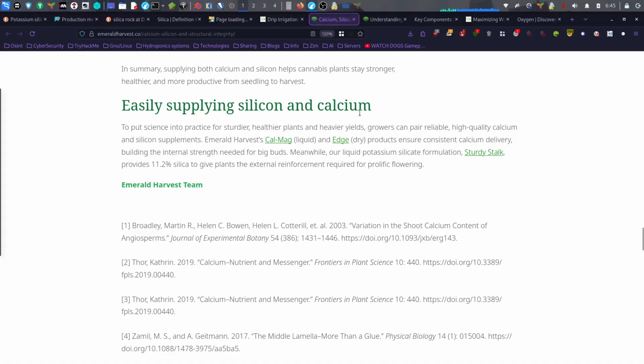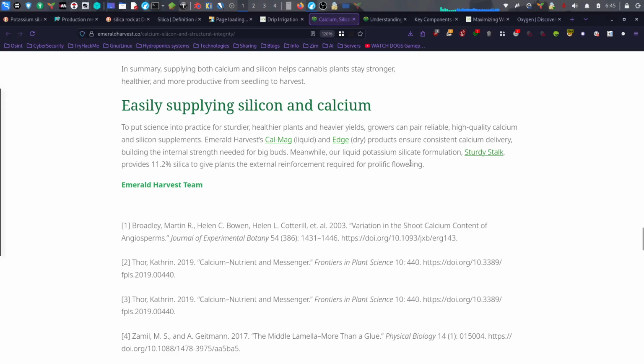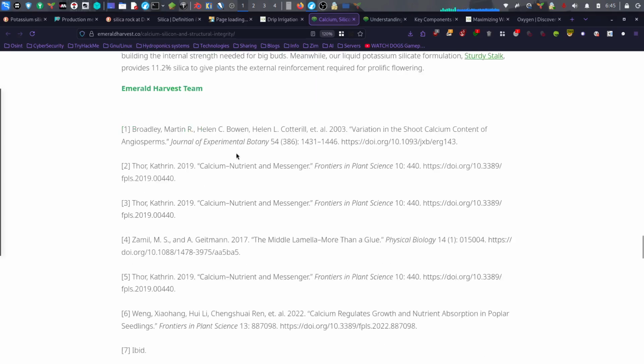Emerald Harvest's Cal-Mag liquid and dry products ensure consistent calcium delivery, building the internal strength needed for big yields. Meanwhile, their liquid potassium silicate formulation provides 11.22% silicate to give plants the external reinforcement required for prolific flowering. Emerald Harvest team.